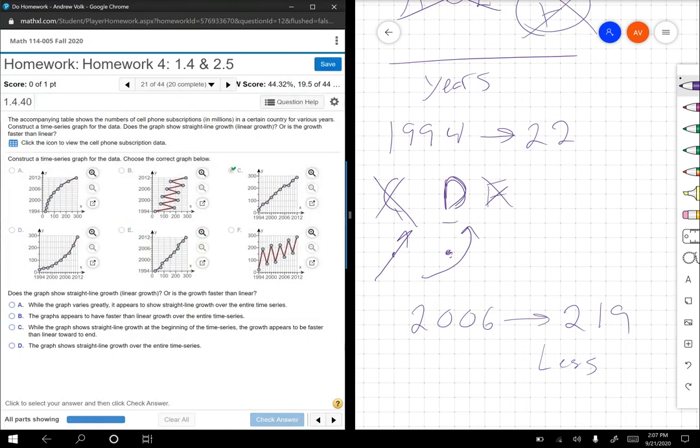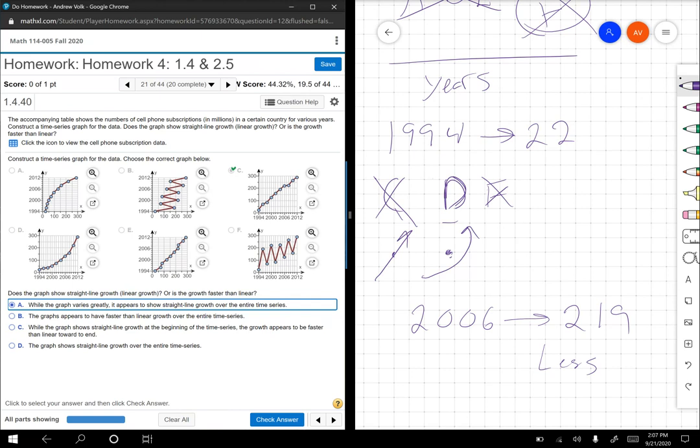There's 2 parts in this one. The second part says, hey, is this linear? Well, compared to D, C is pretty straight. It doesn't vary much. It goes pretty much straight over the entire time series. I wouldn't say it has faster than linear growth. It's got linear growth. And it shows straight line growth, and it appears to be faster toward the end.